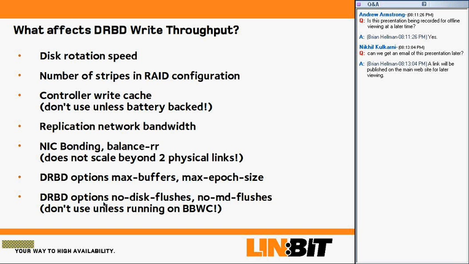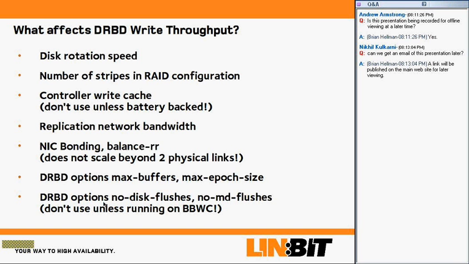2 physical links. Then, of course, there are some DRBD options that you might want to peruse in order to tune your DRBD write throughput. For example, the options max buffers and max epoch size. Max buffers is a measure for the amount of memory that we allocate on the secondary for receiving replication traffic.